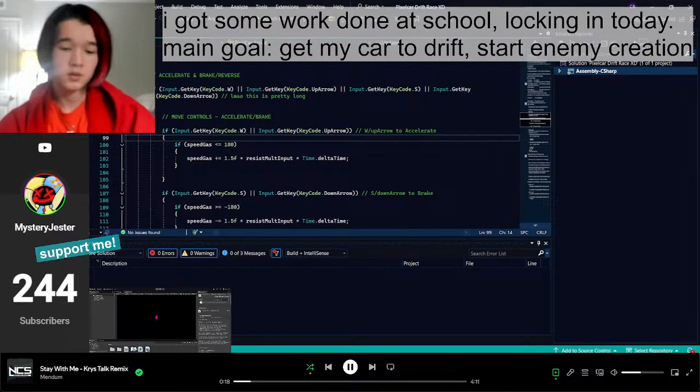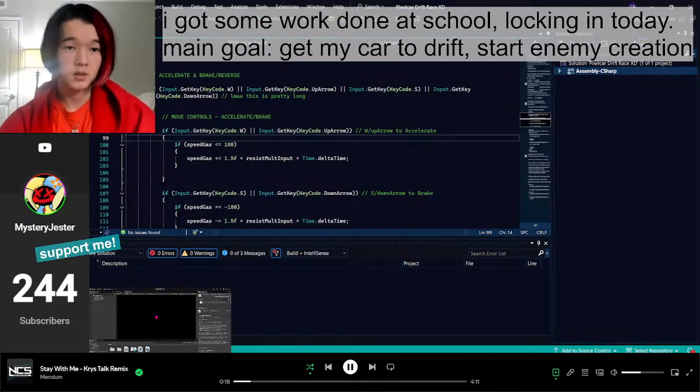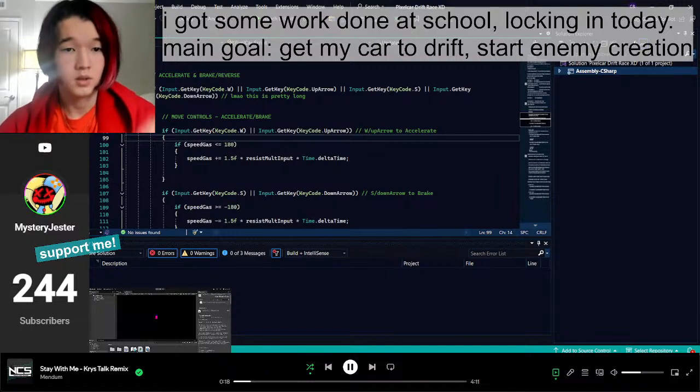Okay, so how to calculate two forces pulling an object.